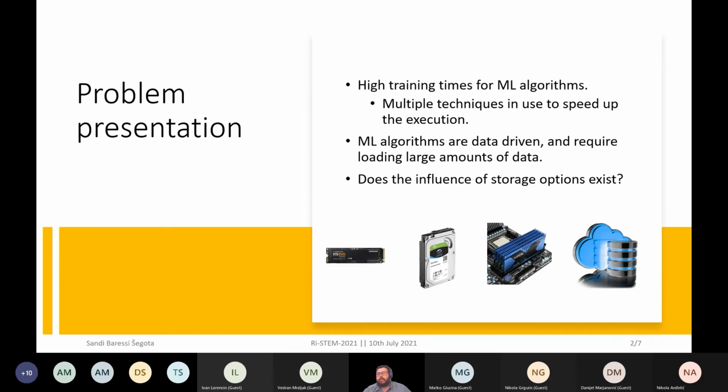Does the storage influence exist? So what do I mean by this? Essentially, we have large amounts of data stored on different storage types, such as an SSD or a hard disk drive. Will this influence how fast our algorithms train?